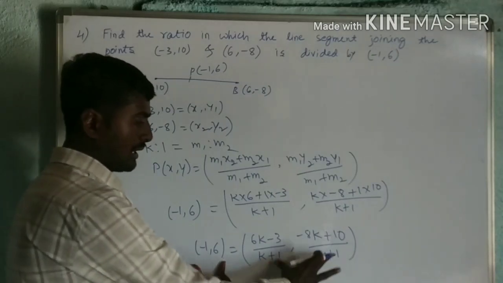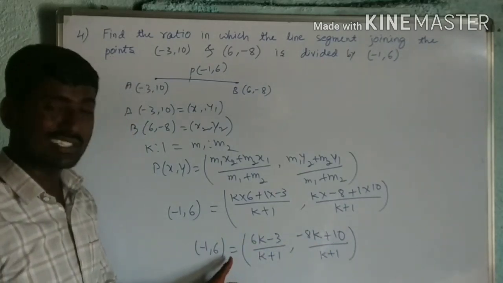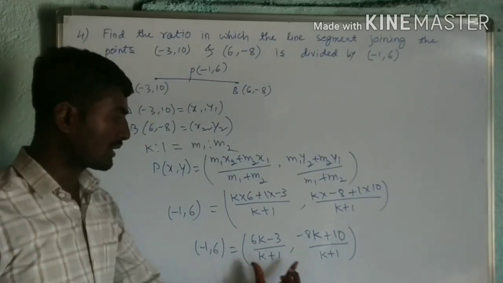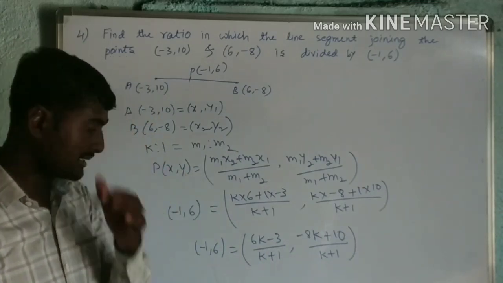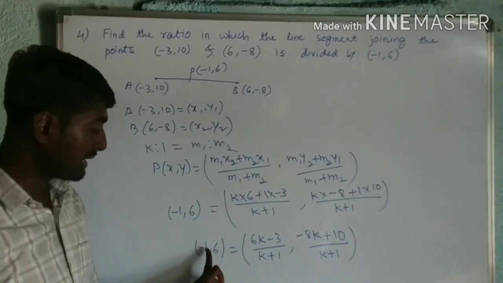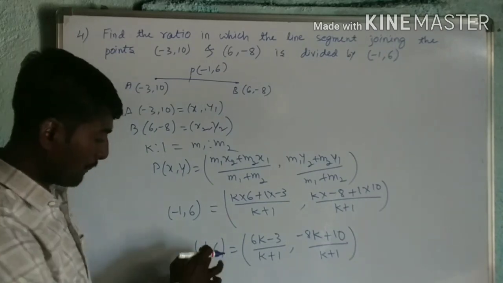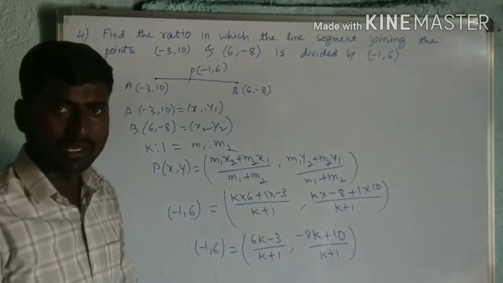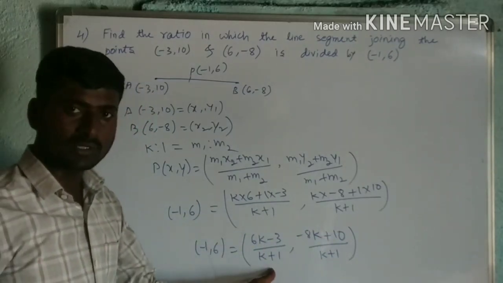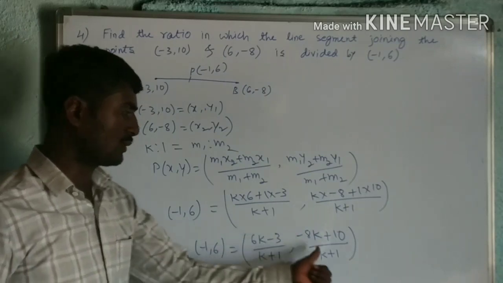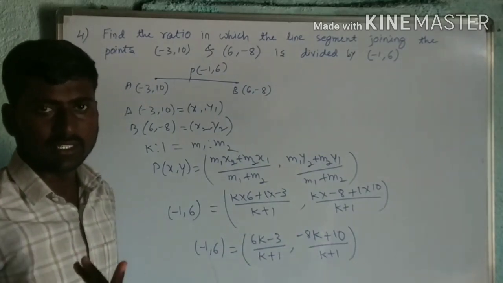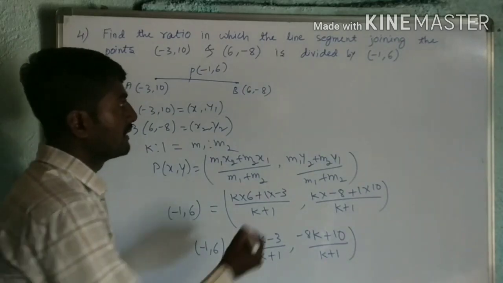If these two ordered pairs are equal, because the equal sign is there, then their corresponding elements must be equal. Means -1 equals this and 6 equals this. You can take -1 equal to this, or you can take 6 equal to this. By taking any one, you can find the value of k. That's all.